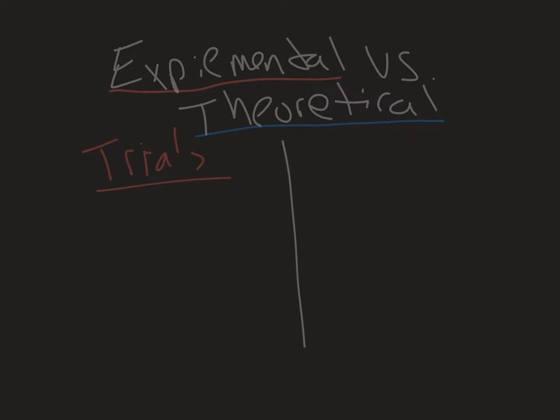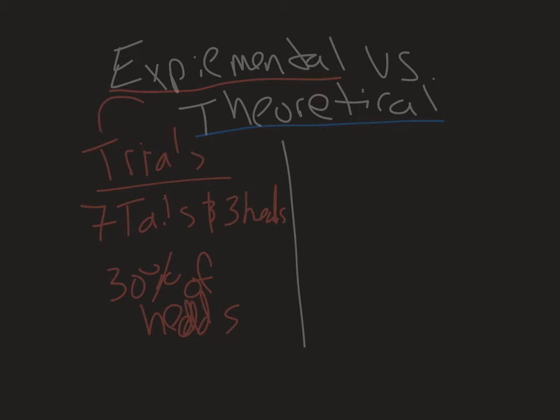If I flip a coin 10 times and I get 7 tails and 3 heads, well, this tells me that there's a 30% chance of heads. Now, we know that that might not necessarily be the exact possibility of the thing, but based on our sample, that's what we have to say.